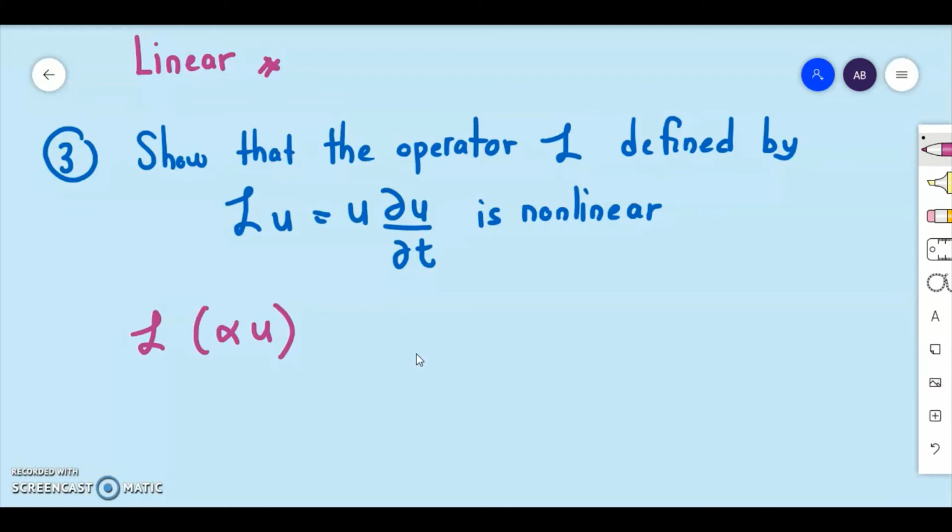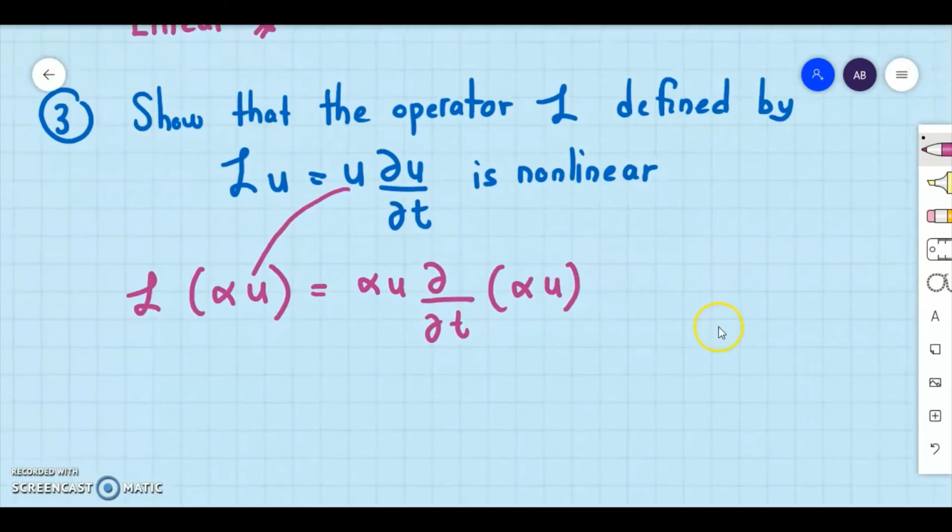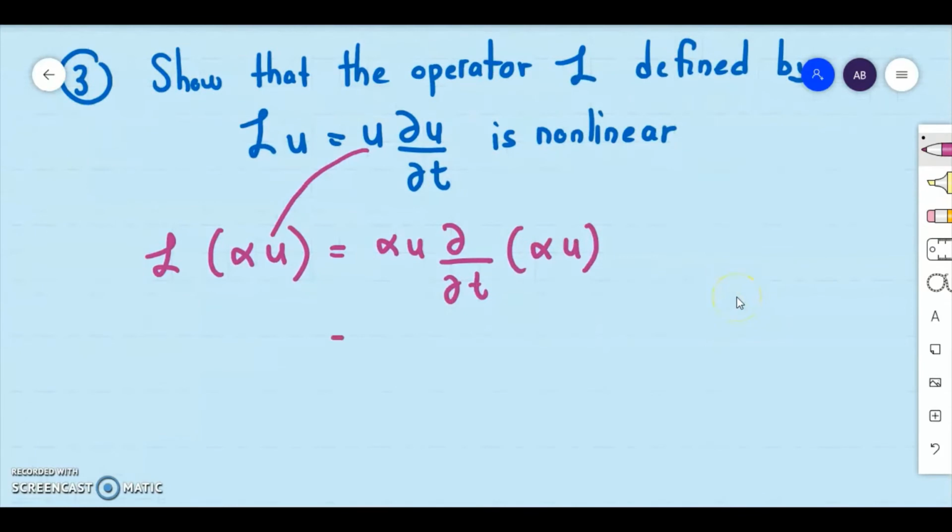So this equals, my operator is acting on alpha U, so I have alpha U partial over partial T of alpha U. And then what happened here, my alpha is a constant, but not the U. So I have alpha squared U partial U over partial T.